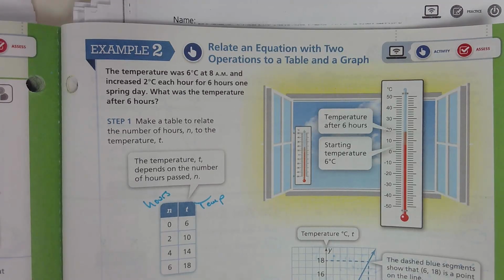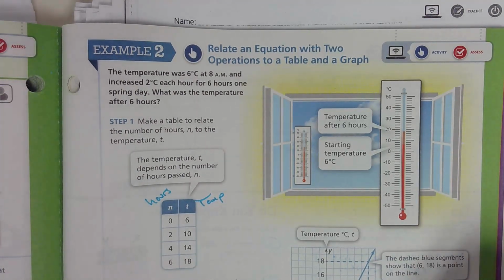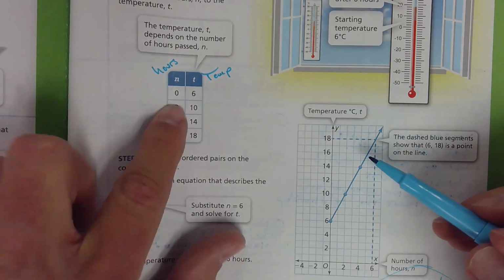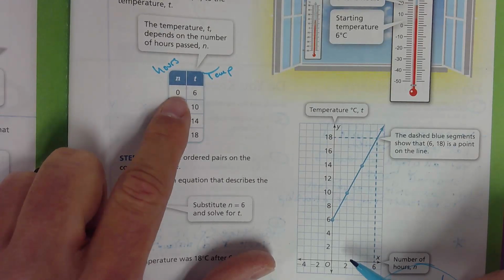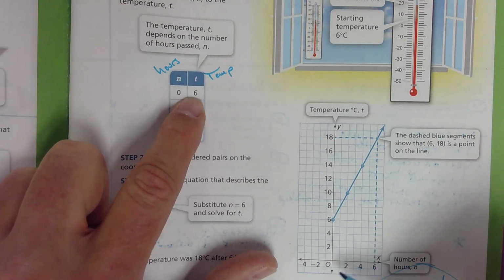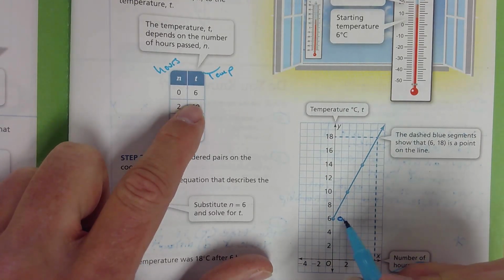But basically, they graph the ordered pairs on the coordinate plane, which is what they've done right here. So we look at 0 and 6. Here's 0. Remember, 0 is the first value. It's X, and Y is the second value. So I could put 0, 6 right there.